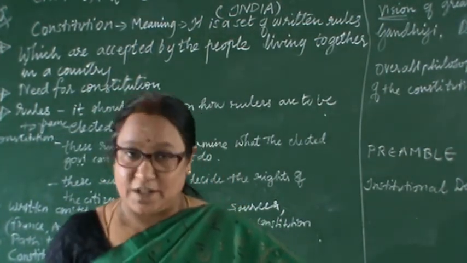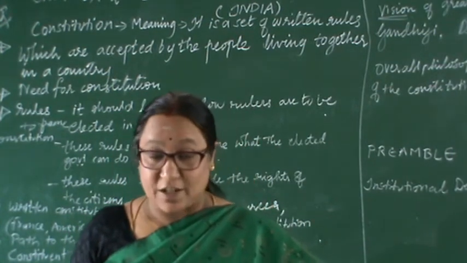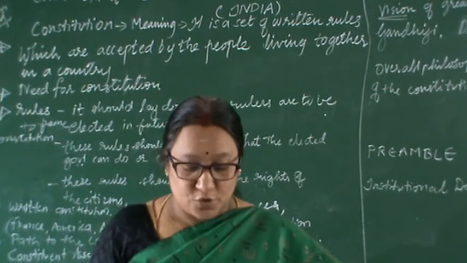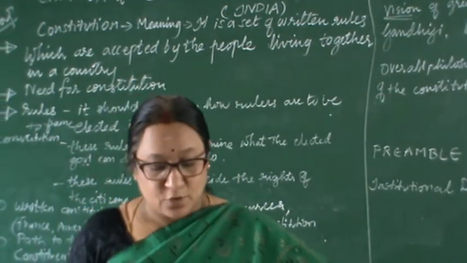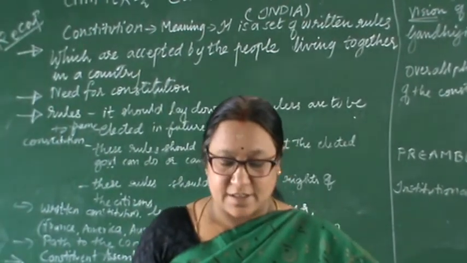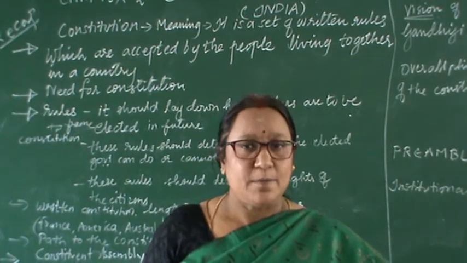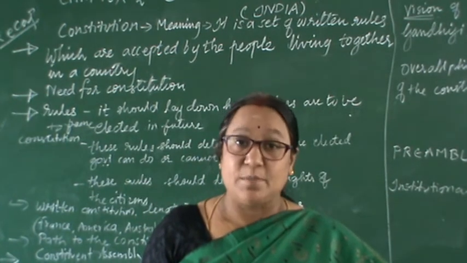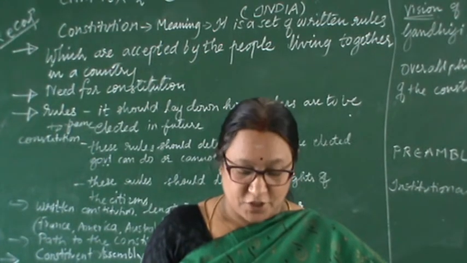We, the people of India, having solemnly resolved to constitute India into a sovereign, socialist, secular, democratic republic, and to secure to all its citizens justice. What type of justice? Social, economic and political justice. Liberty of thought, expression, belief, faith and worship.